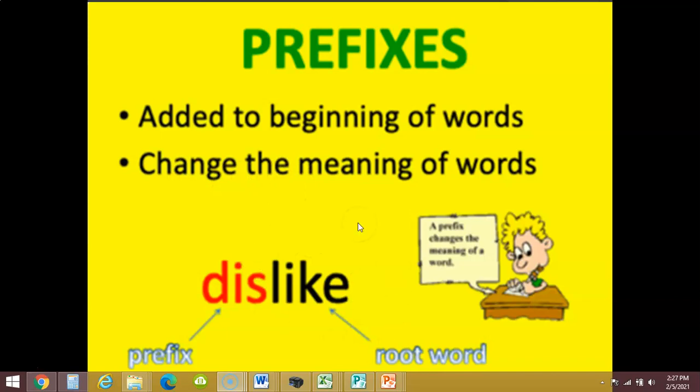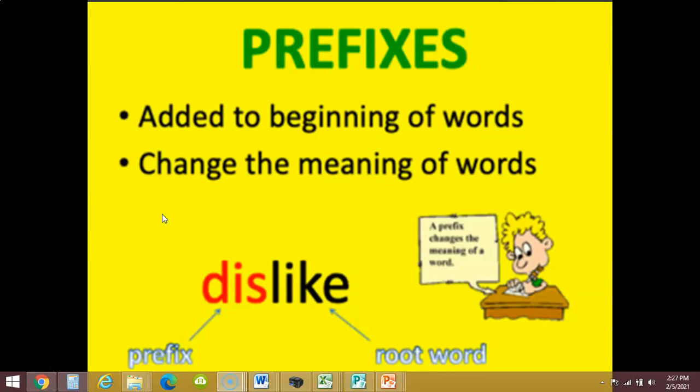For instance, if you just look at the root word like, you can say, I like potato chips. But if somebody adds the dis as the prefix right before the like, you say, well, I dislike potato chips. Now, you still use the word like, but putting the prefix dis before it makes it clear that you don't like it.